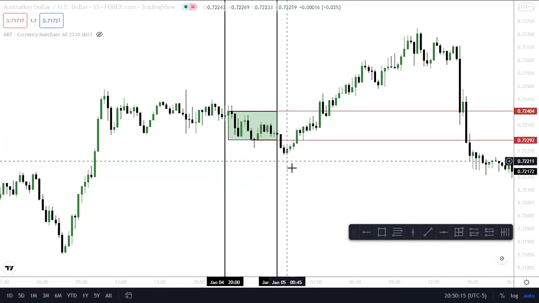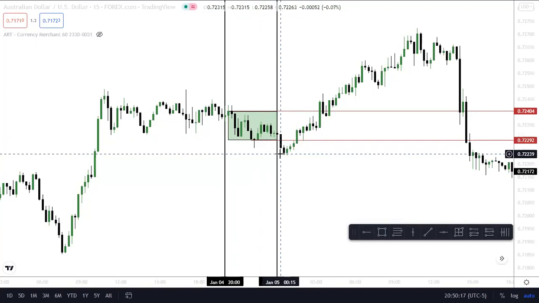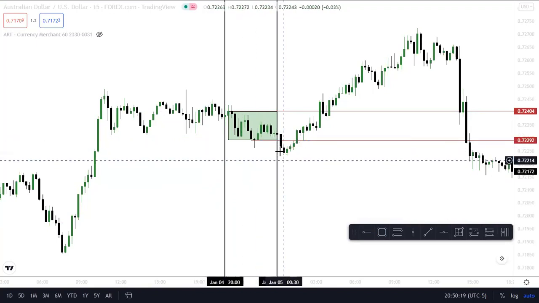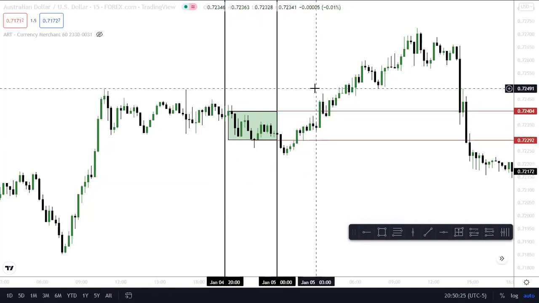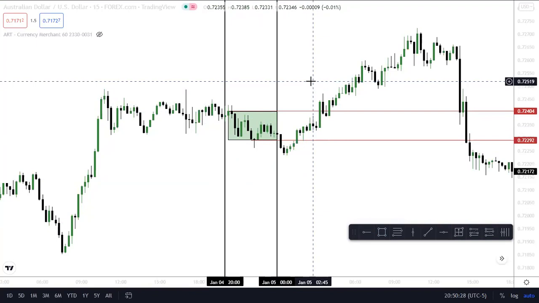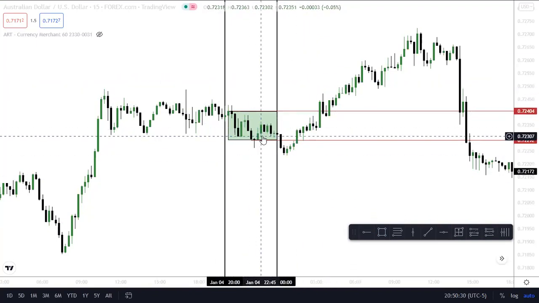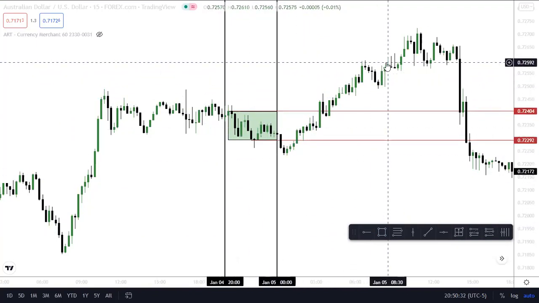Number one, the low of the range has been swept, with price closing below. Number two, we have price closing above the range right here. Once that has happened, both sides are now swept, and you can start anticipating a reaction.